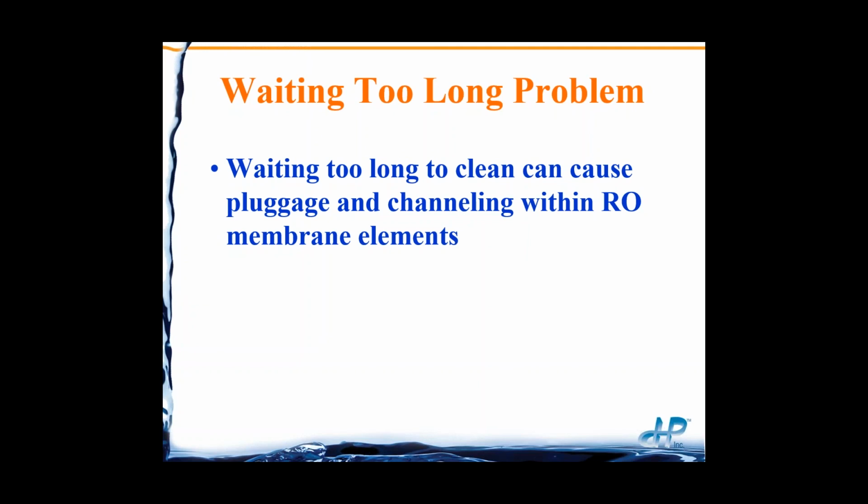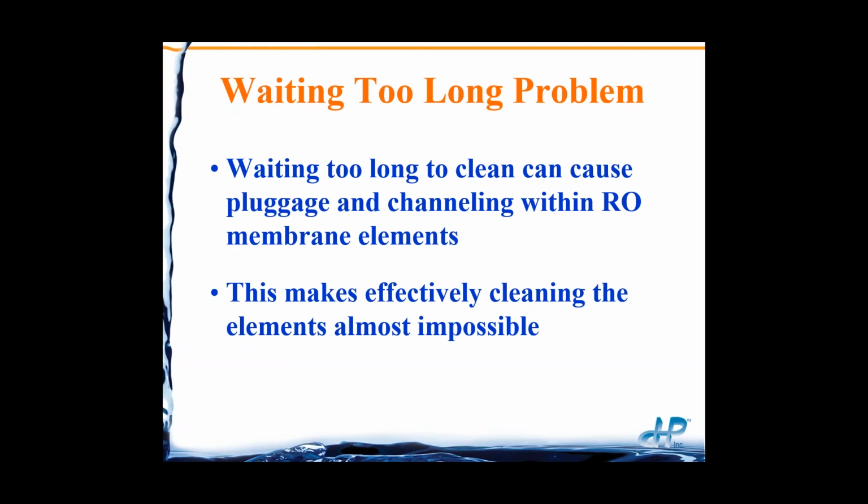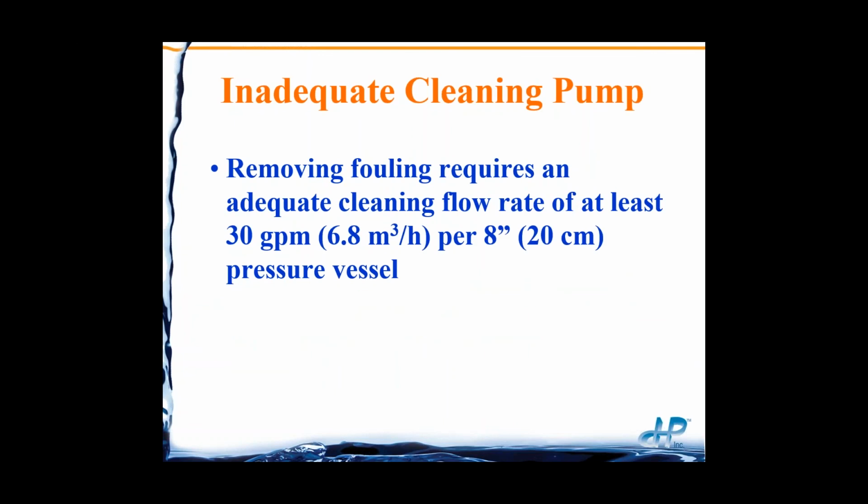Well, that happens with the RO membrane elements as well. So when that happens, you're just not going to clean them. So this is going to cost you money in power. It's going to cost you money in membrane life. So making sure that we get the best chemical cleaning possible, that's going to be very important in reducing cost.